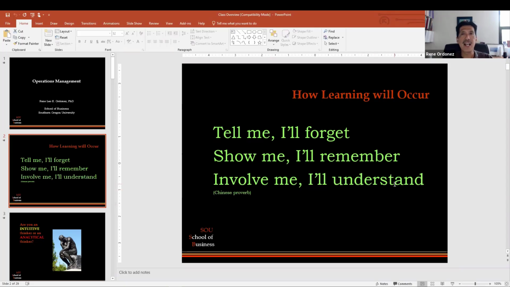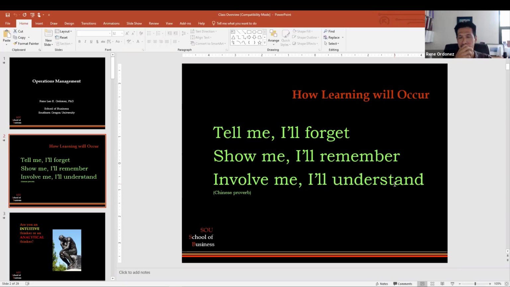Now, this class will be mainly focused on the use of tools, whether we're talking about computer applications or models or formulas that you have learned in your other classes for the purpose of making decisions.